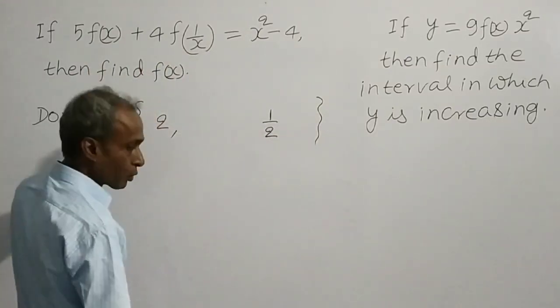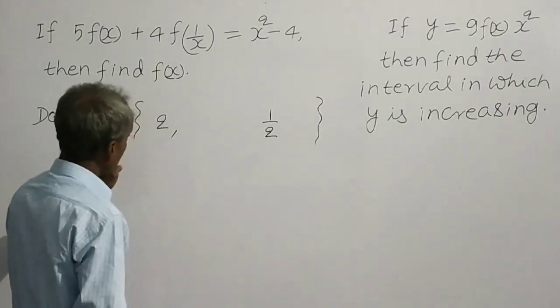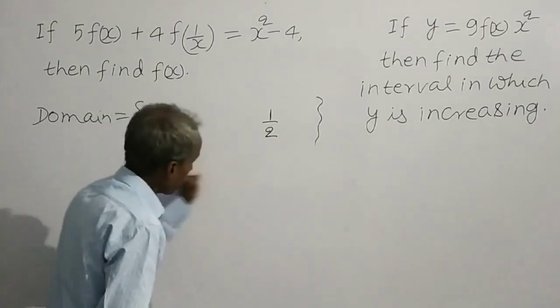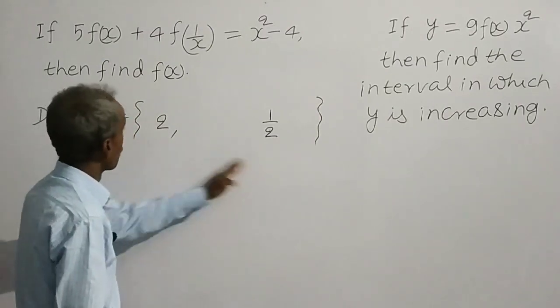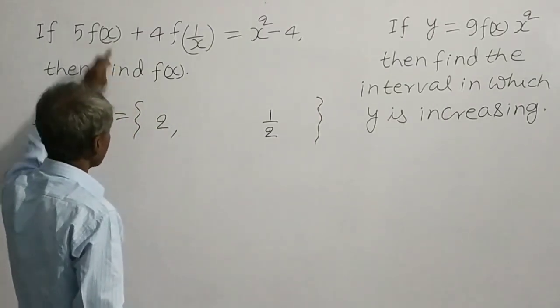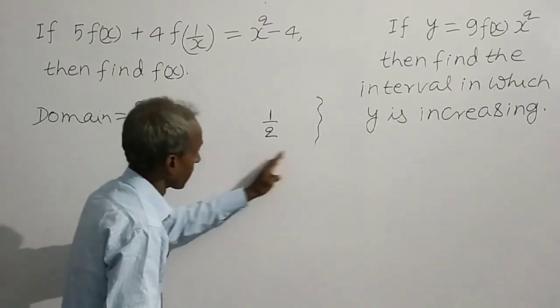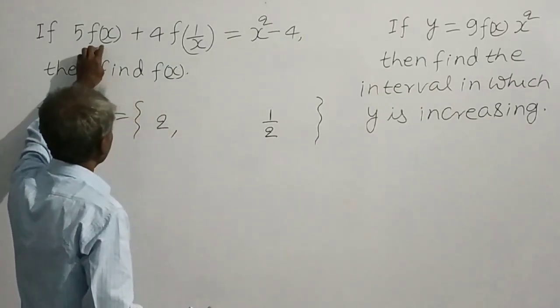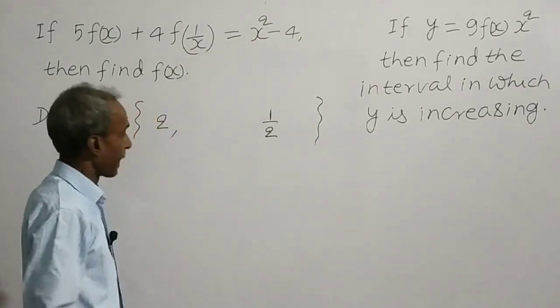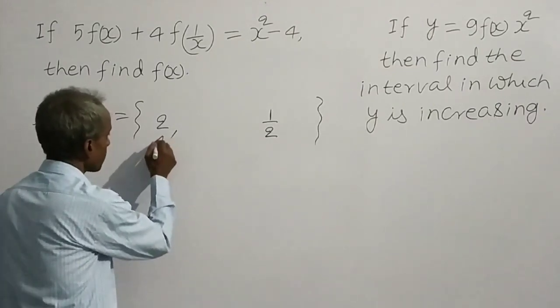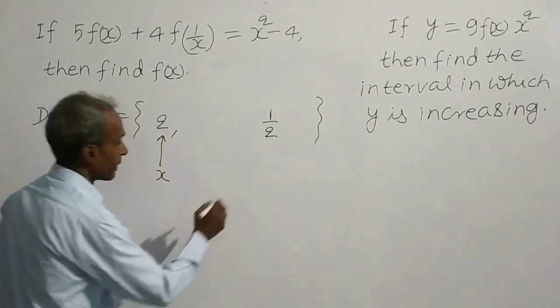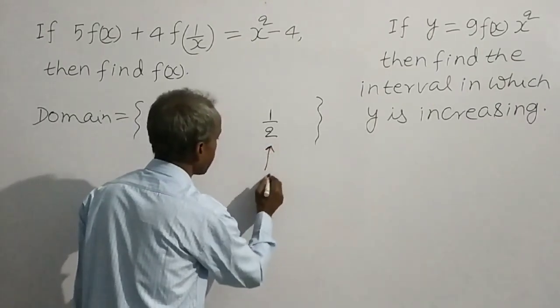It is understood that when we put numbers from the domain in place of x, this condition is satisfied for every number in the domain. If we suppose this x, then this becomes 1/x.